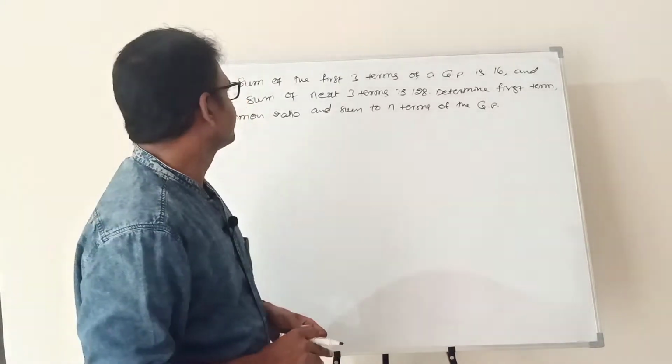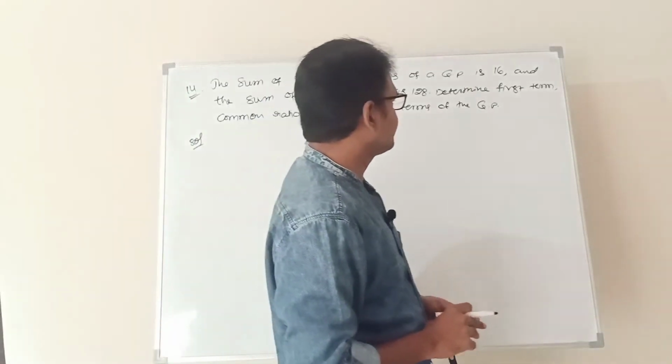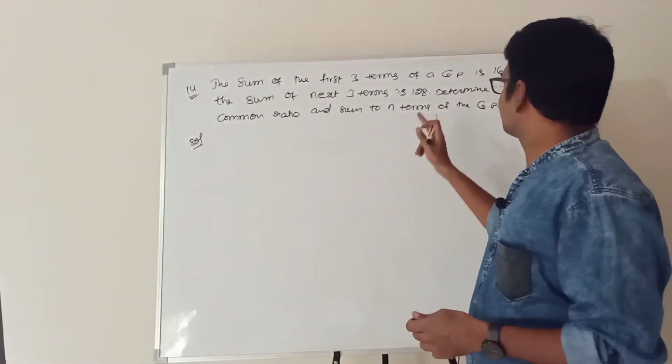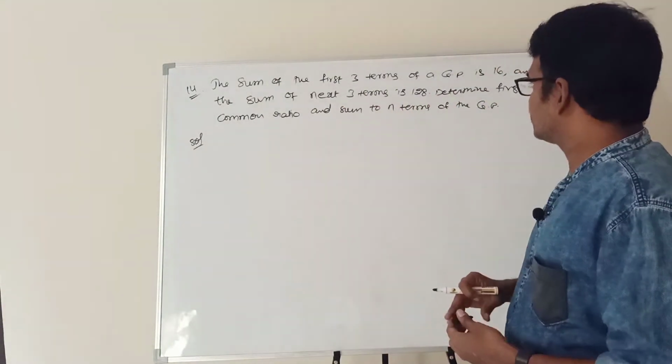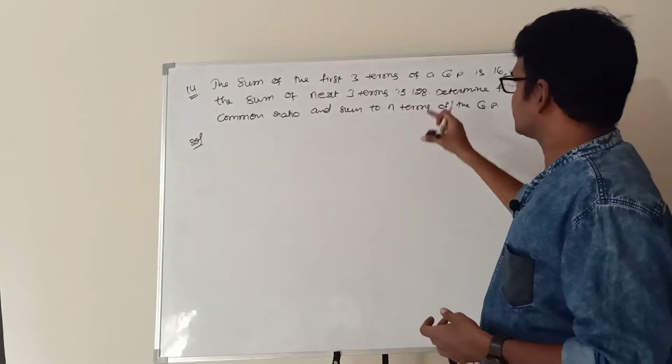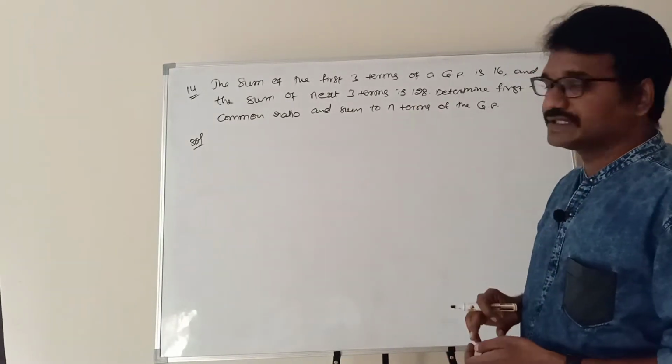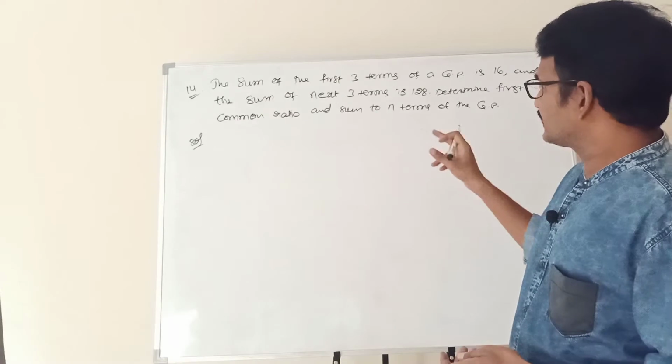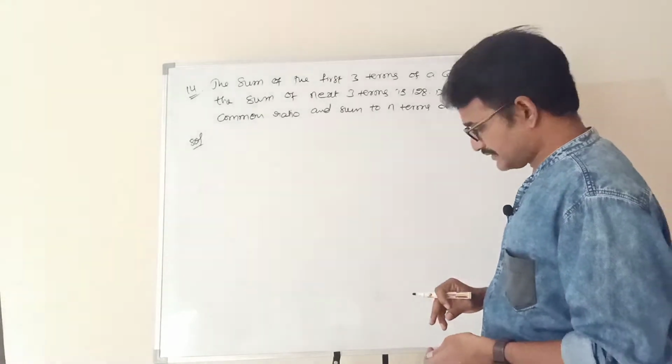Next problem. The sum of the first 3 terms of a GP is 16 and the sum of the next 3 terms is 128. Determine the first term. That means what is the a value, what is the common ratio, and what is the sum of n terms of the GP.